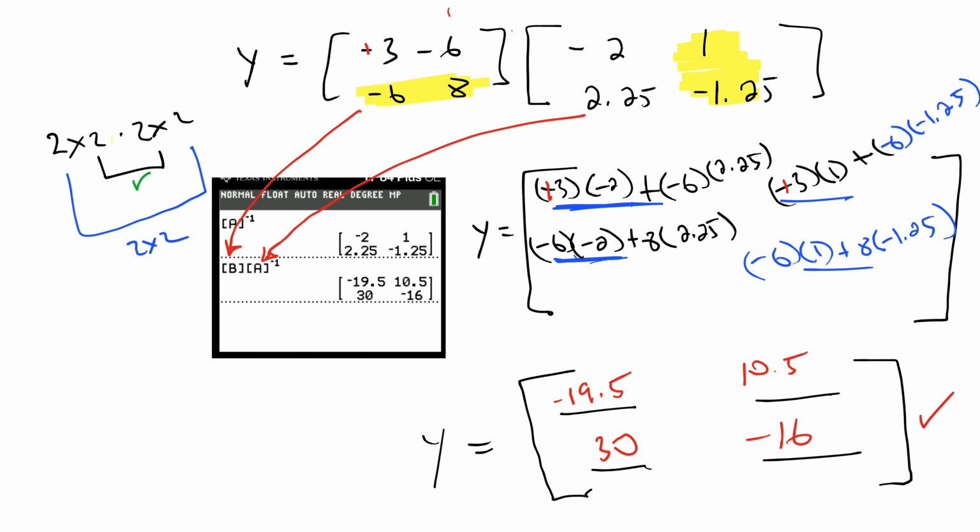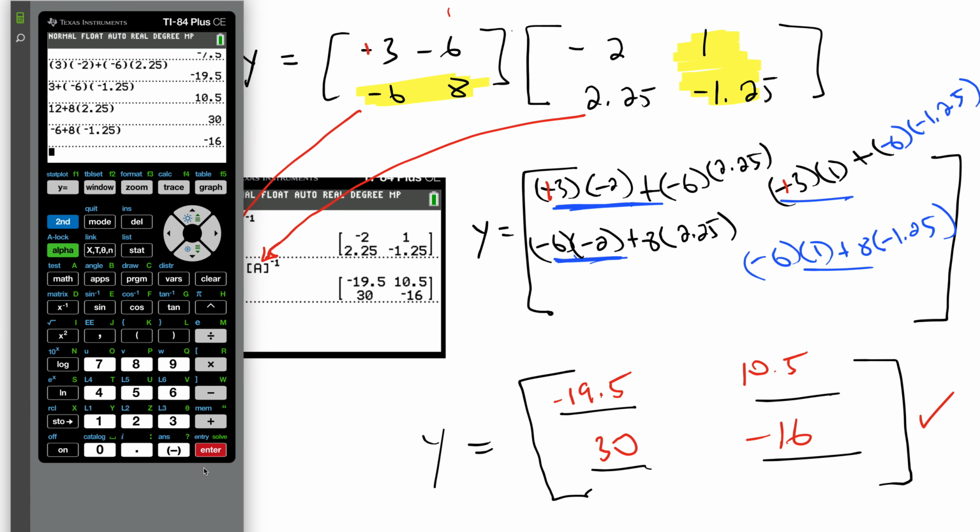If you want it in fractions, go back over here on your calculator. Type negative 19.5, enter, and then go math, enter, enter. Negative 39 over 2. No mixed numbers.